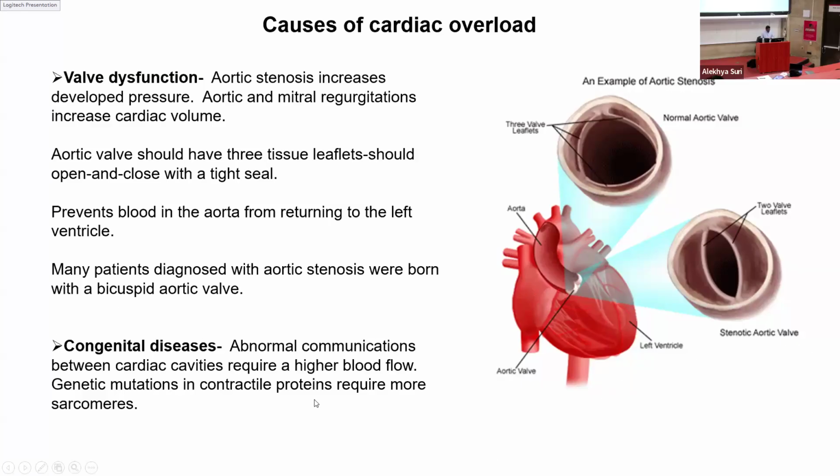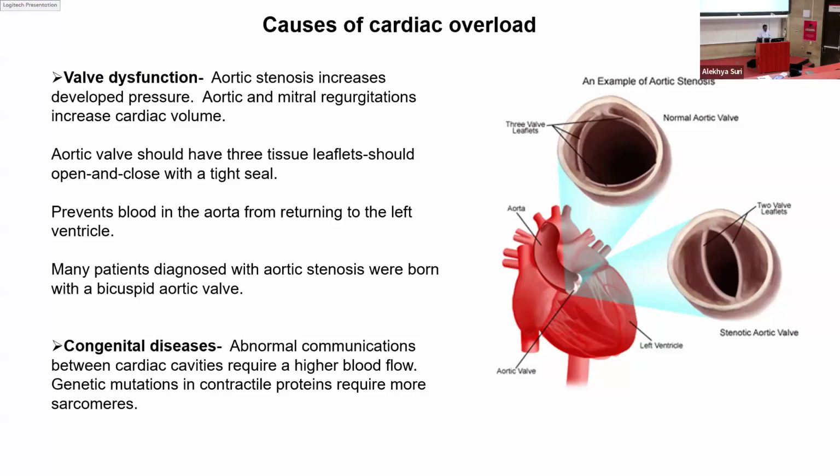The other congenital diseases are the abnormal communication between the chambers. In the beginning, I said there is no communication between the left and right part of the heart. This is prevented by the septum. So the left and right atria are separated by the atrial septum, and the left and right ventricles are separated by the interventricular septum.